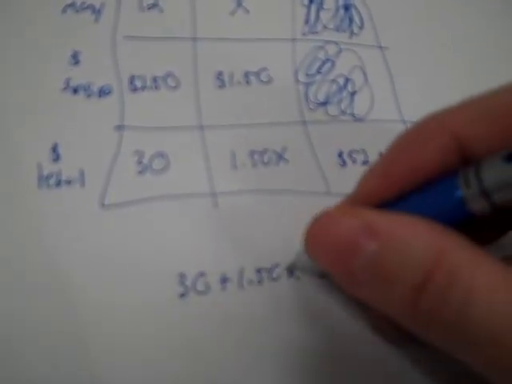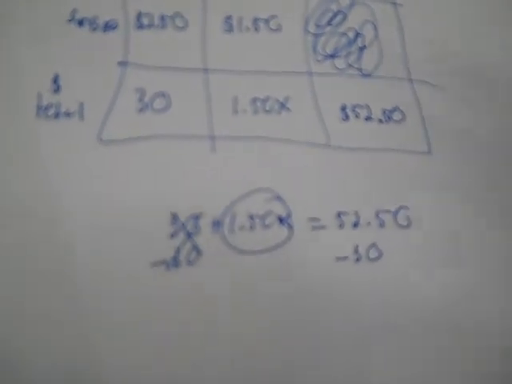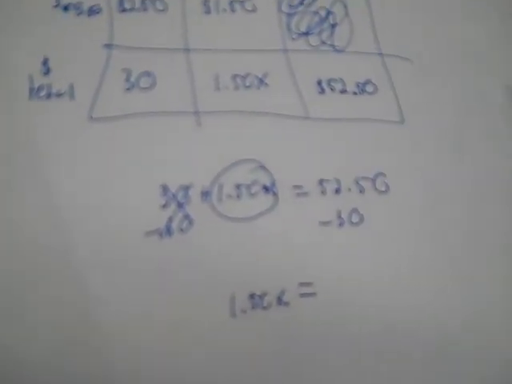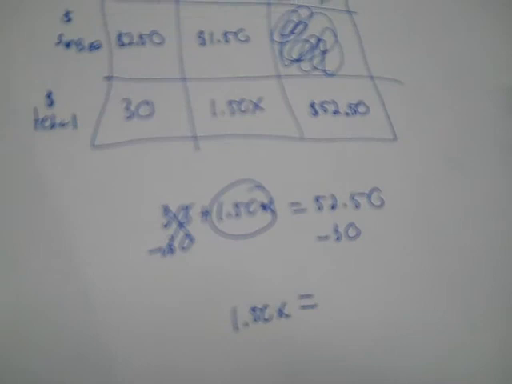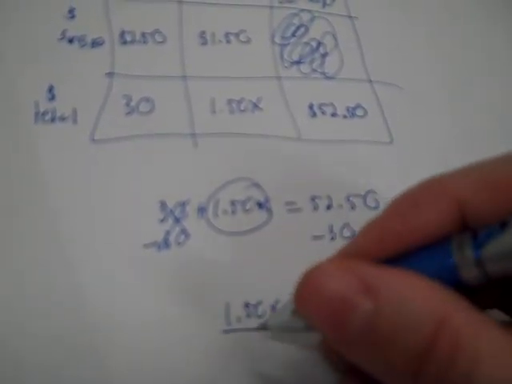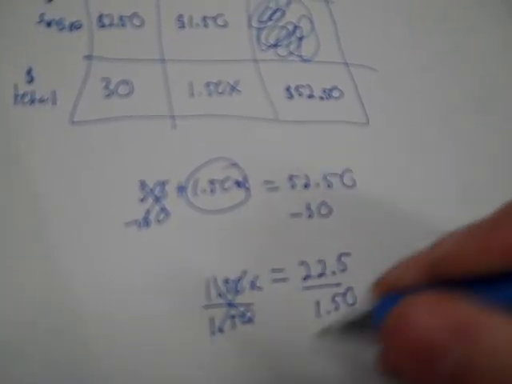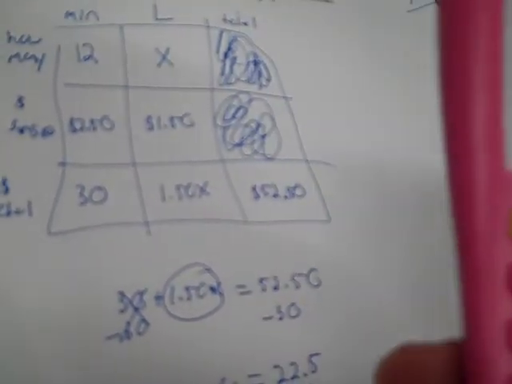So I dot the 1.50 and circle it. Then I just minus 30 minus 30. So 1.50x. So I take 52.50 minus 30, and that's 22.5. Then divide by 1.50. Divide by 1.50. And that's the only answer I need to find, okay?